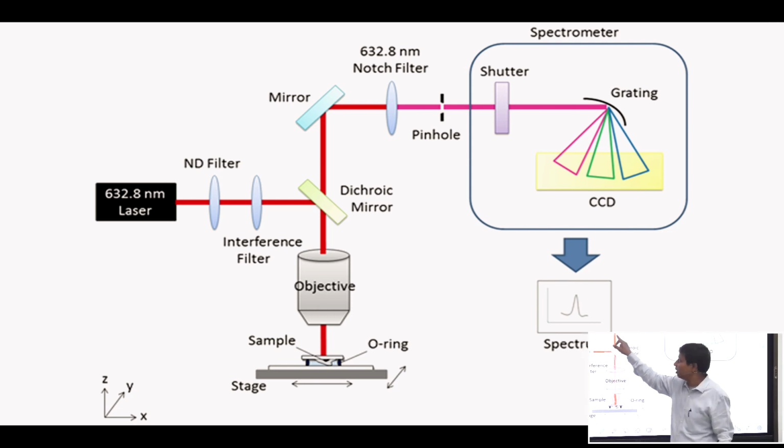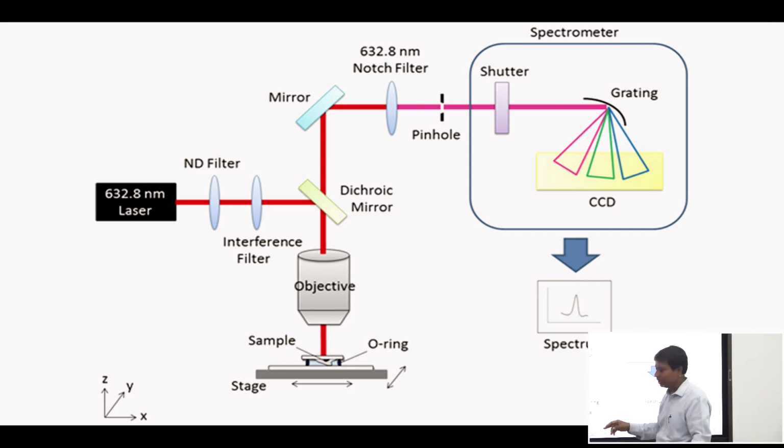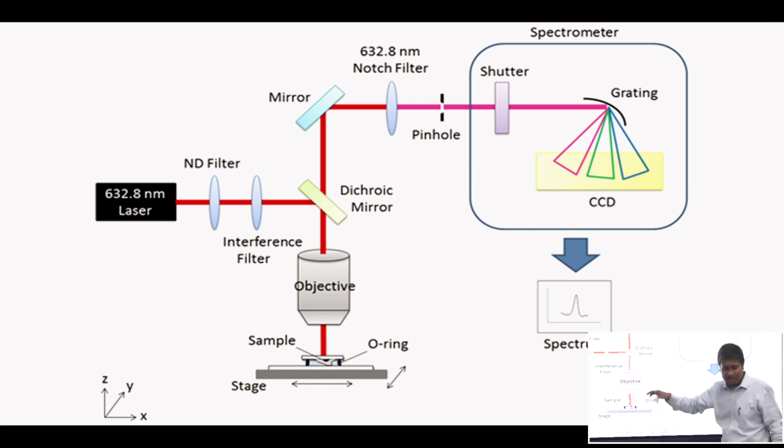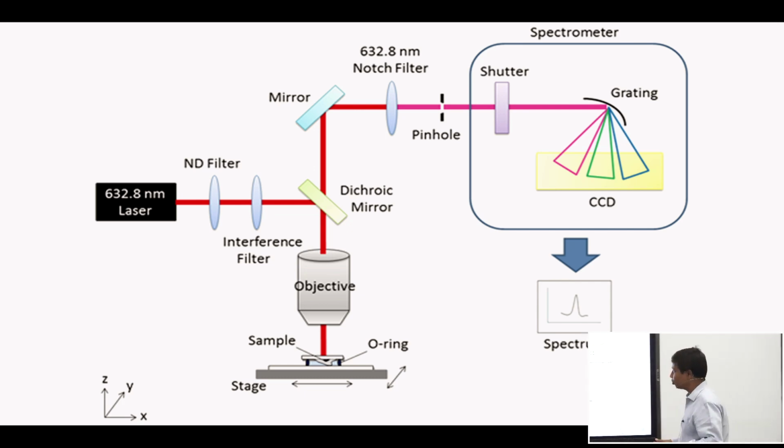This color is not the correct one. This color will be different, because rarely will you have the same color; other things will be a different color. This is a dichroic mirror, which allows the other frequency to go. Then it goes to a mirror, notch filter, and then a pinhole. Nowadays the pinhole technique is very popular, and that is called confocal.